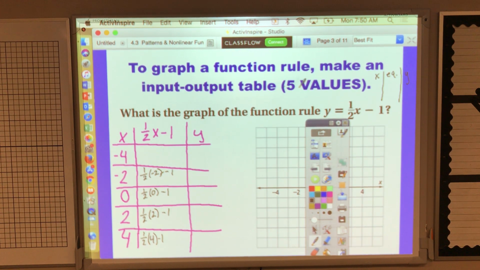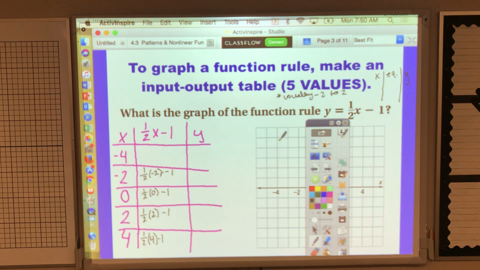So, 5 values. If it's not a word problem, we usually want to use -2 to 2, because then we show our negatives and our positives.